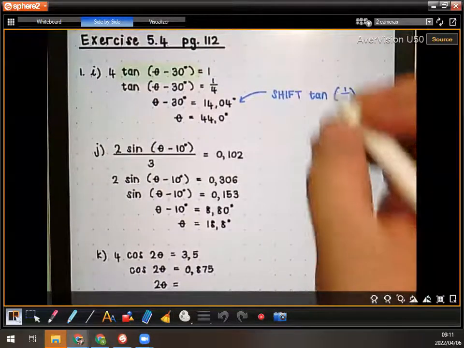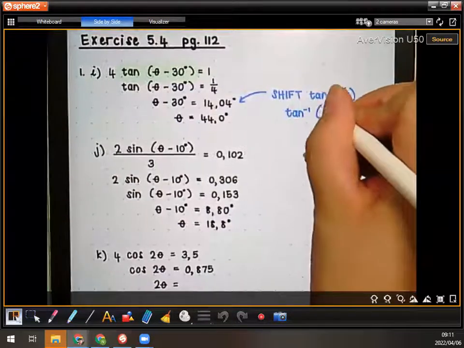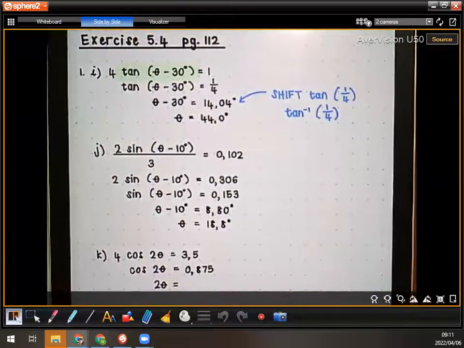This is what will actually show on the calculator: tan to the -1 of a quarter. I think we might have written that down last time in our calculation. You're more than welcome to do that. But when you then calculate that, you get 14.04. I think there were more decimals as well, I'm not sure now.